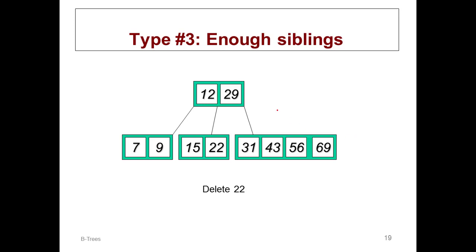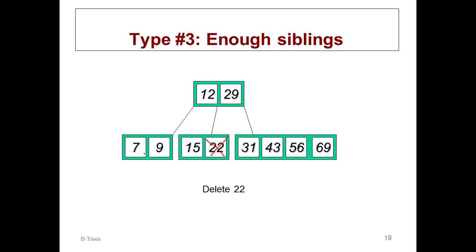In this case, the type number 3, enough siblings are there. For example, we want to delete the 22 value. Once we delete the 22, it causes too few keys at this particular node, only the 15 will be remaining, and then we look at the sibling of this node. The left sibling is already on the edge.